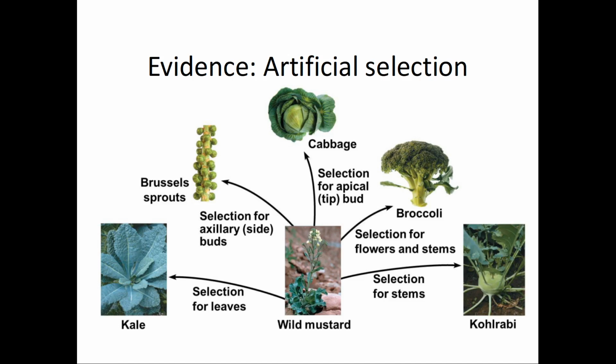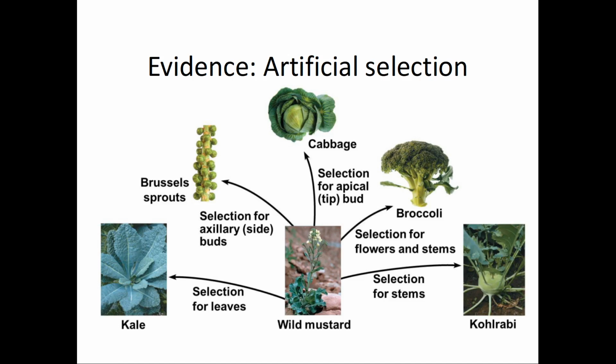We as a species, humans, have bred this particular family of plants into many, many different types of edible plants, like we said, kale, Brussels sprouts, cabbage, broccoli, kohlrabi. How is this an example of evidence for evolution?